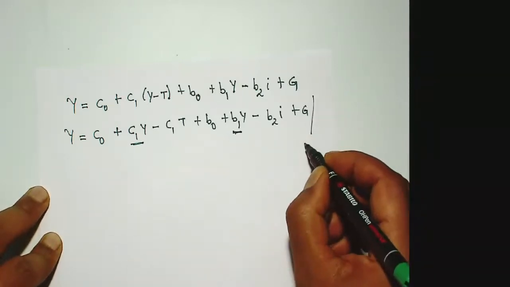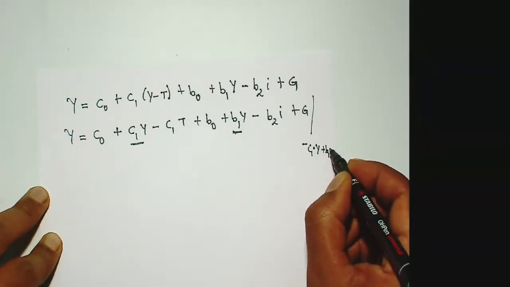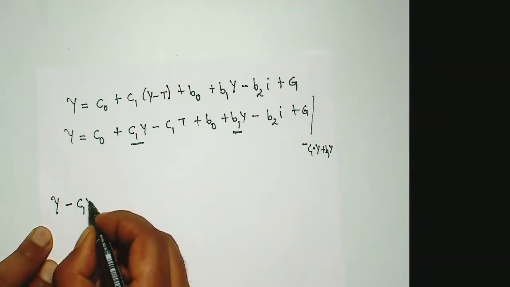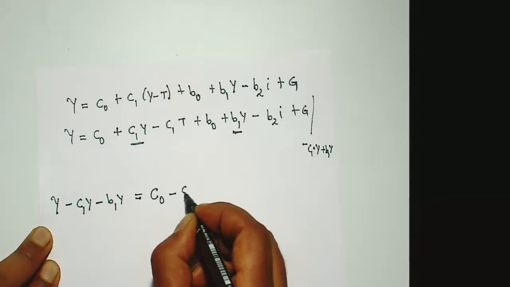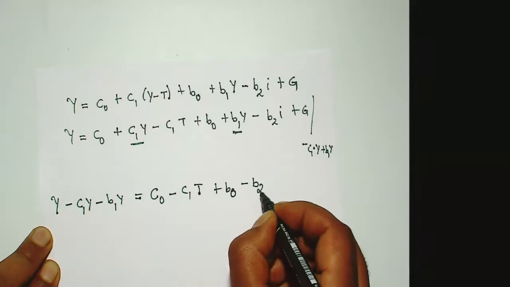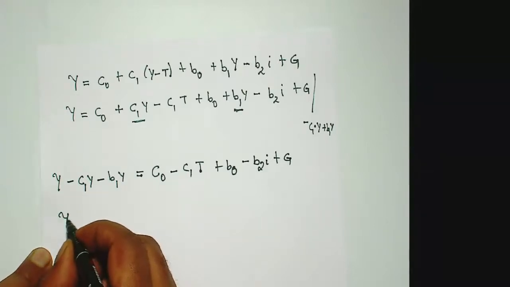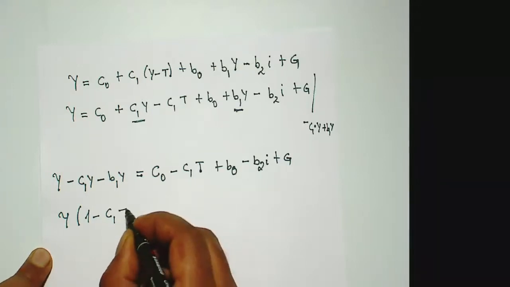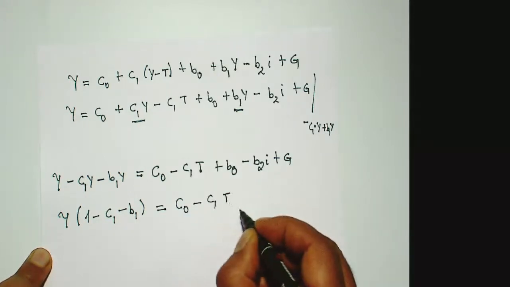So we would subtract from both sides C1 multiplied by Y plus B1 multiplied by Y. This gives us Y minus C1 Y minus B1 Y equal to C0 minus C1 T plus B0 minus B2 I plus government expenditure G. If I take Y as a common factor, I have a bracket term which says 1 minus C1 minus B1, and the right-hand side remains the same.